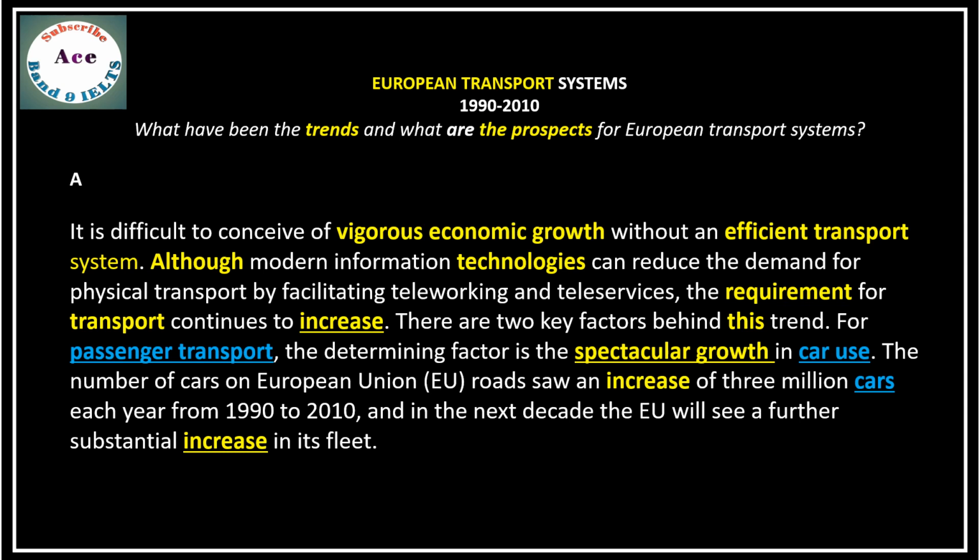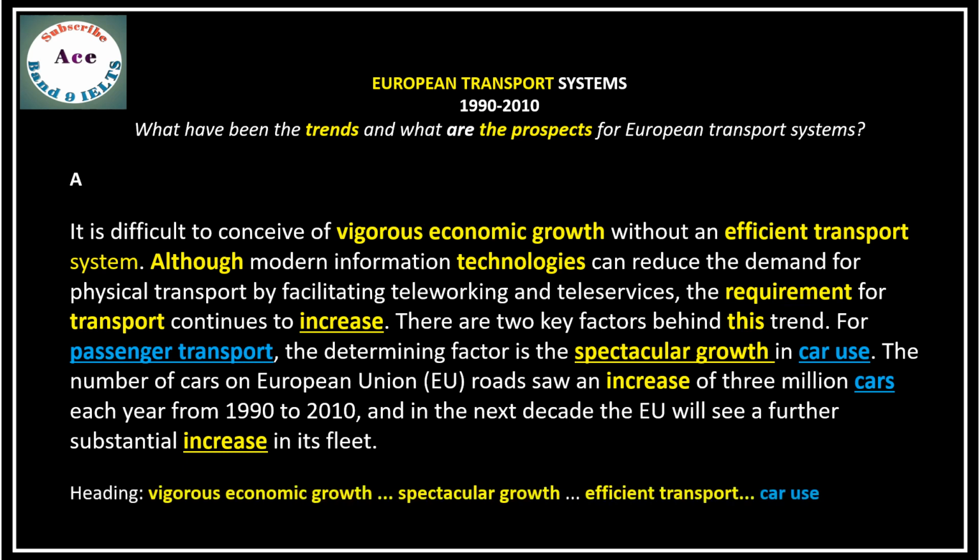These two are the key phrases or key words in the first sentence. Also, this word growth repeats in the form of increase, and vigorous growth also repeats in the form of spectacular growth.